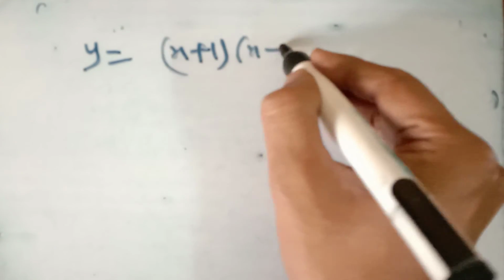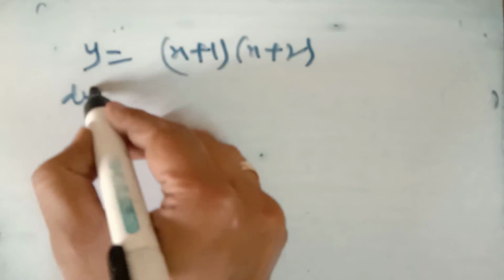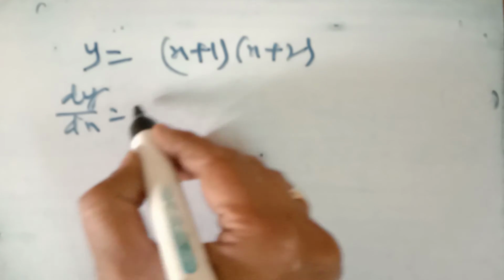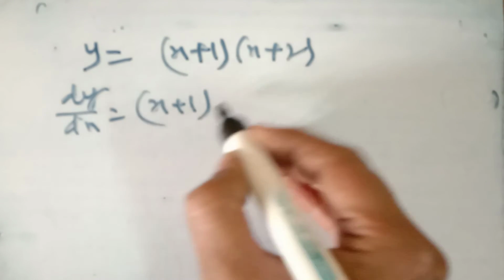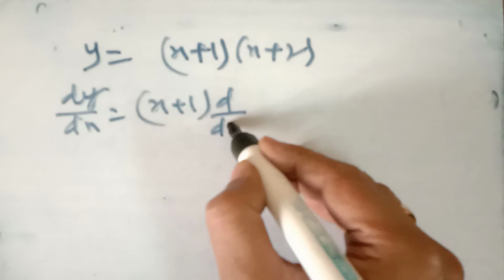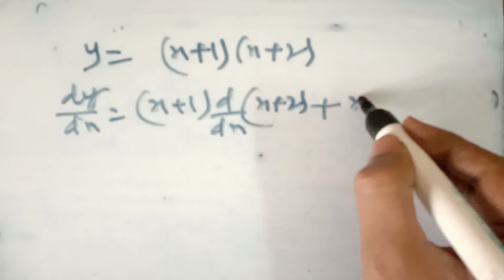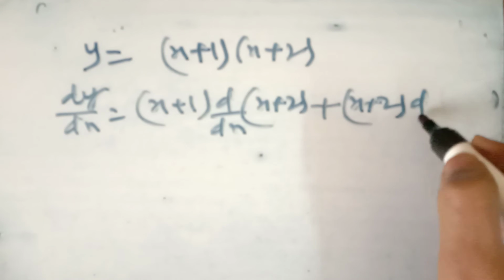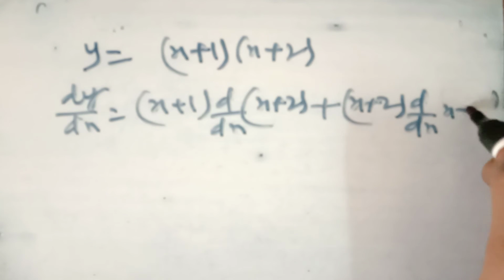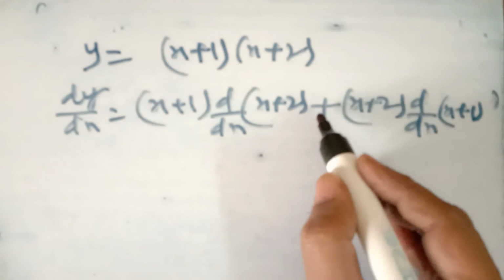Let us take one more question for the product rule, that is x plus 1 into x plus 2. It is the product of the two functions. So you can use the product rule. First function, derivative of the second function, you can find in the product rule derivative of anyone, plus second function, derivative of the first. यहाँ पर आप किसी का भी डेरिवेटिव पहले निकाल सकते हैं, because plus का साइन है.